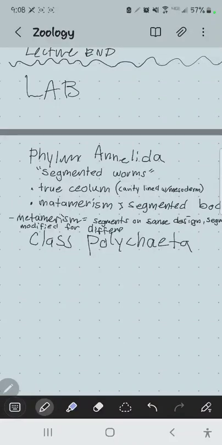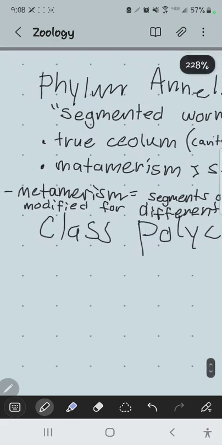But the idea is each segment has all the same parts, and the parts can be modified for different use. So certainly on the lab exam, on some annelids, I'll ask you what the segmented body plan is called. Metamerism is a fair term to have on the exam.